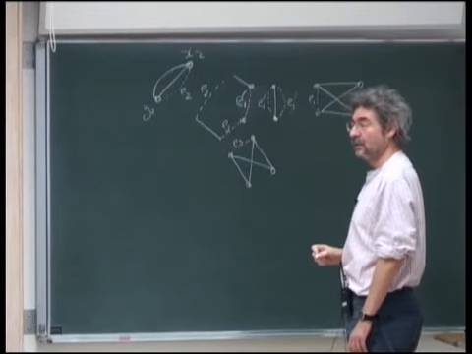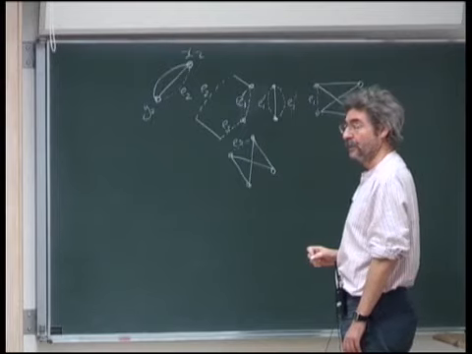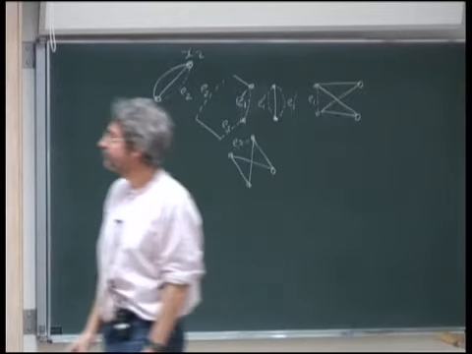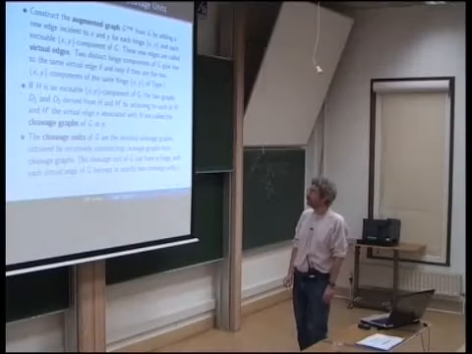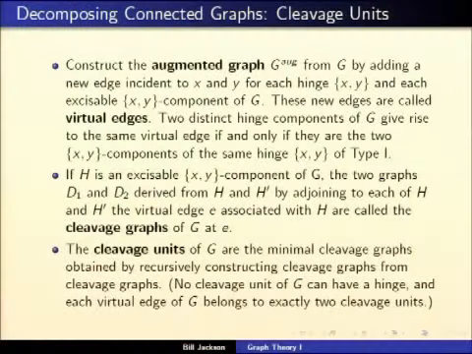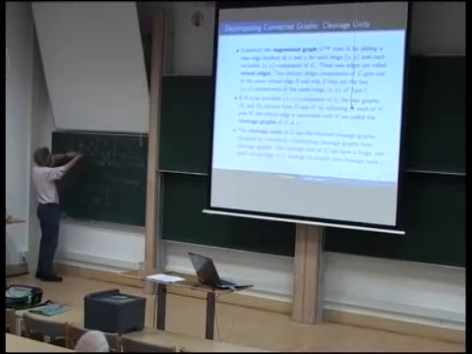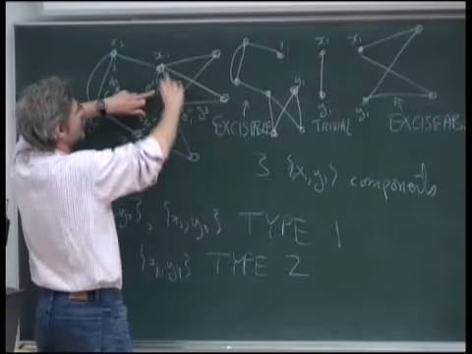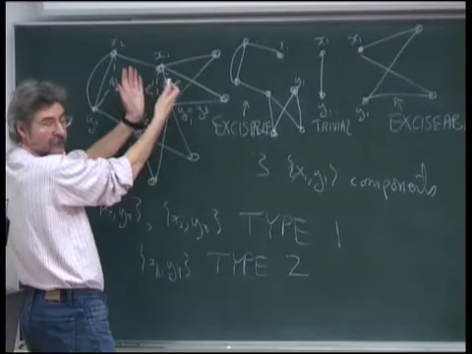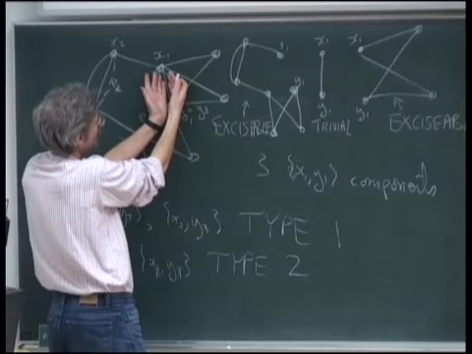So what is the precise definition of these cleavage units? Can you explain this? Well, I guess I'd like to try and define them recursively. I take this virtual edge, this hinge x1, y1, and the virtual edge e1, and I cleave the graph along that virtual edge.